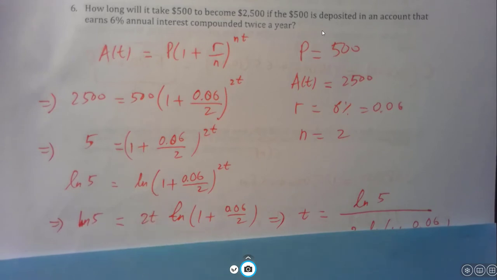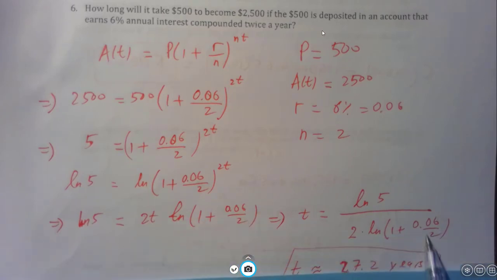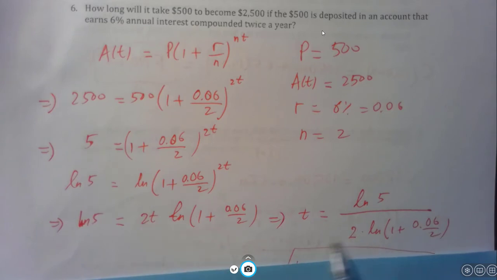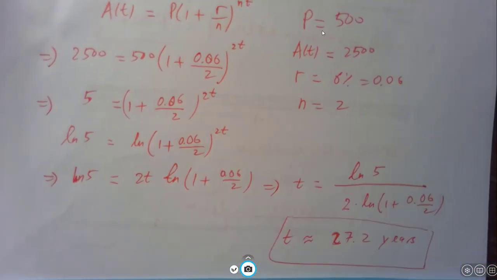And then to solve for 2t, I take ln 5, divide both sides by ln of 1 plus 0.06 over 2, and divide by 2 as well to isolate the t. If you plug this into the calculator, you should end up with 27.2 years.